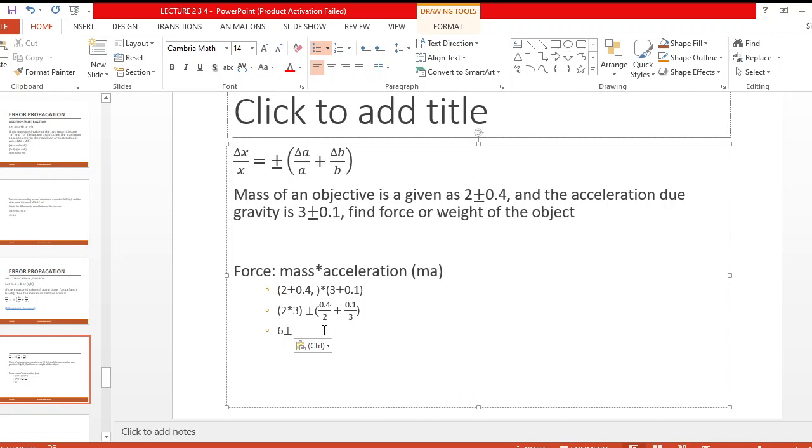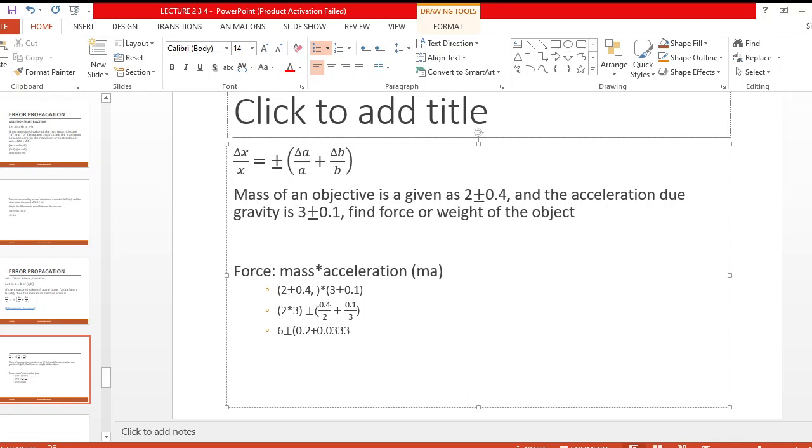You can do it directly to find the sum: 0.4 divided by 2 is 0.2, plus 0.1 divided by 3, which is 0.0333.